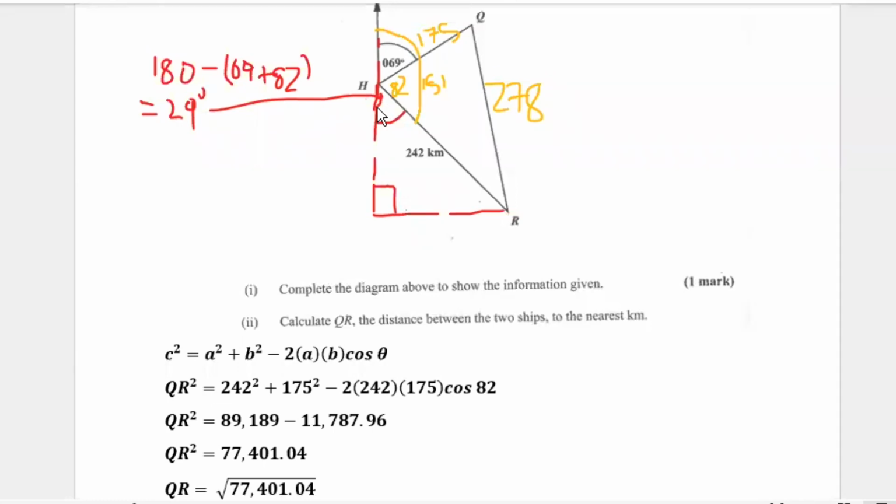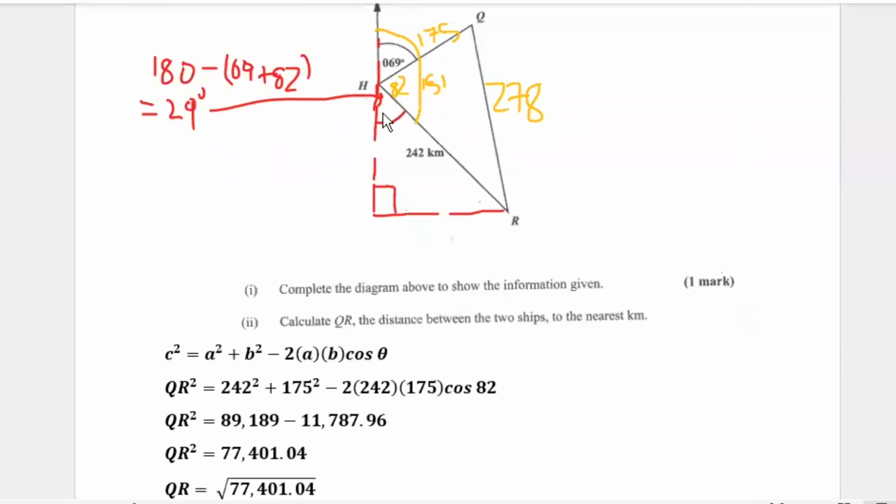Now we can go ahead and use cos, just regular trigonometry, cos theta, which is adjacent over hypotenuse. So we're trying to find how far due south it is. So you're looking at this.